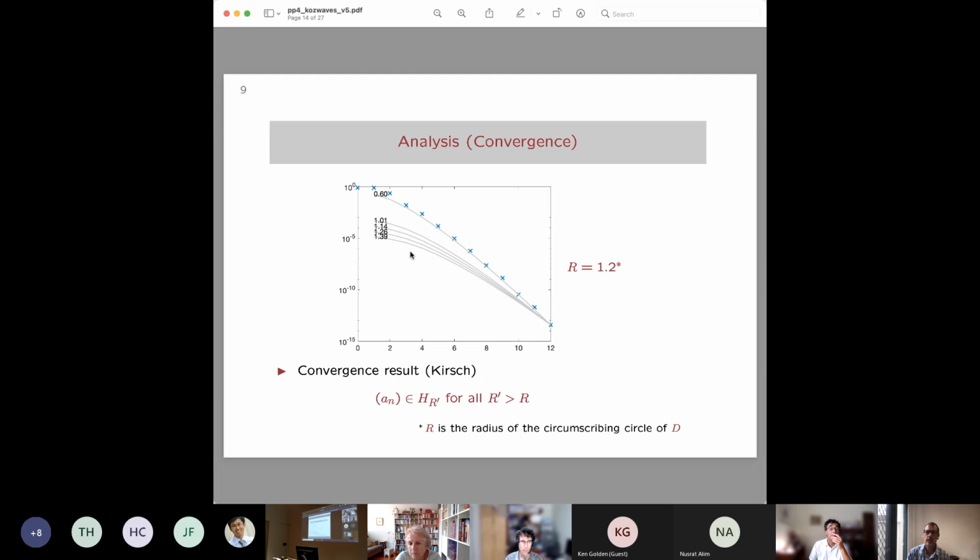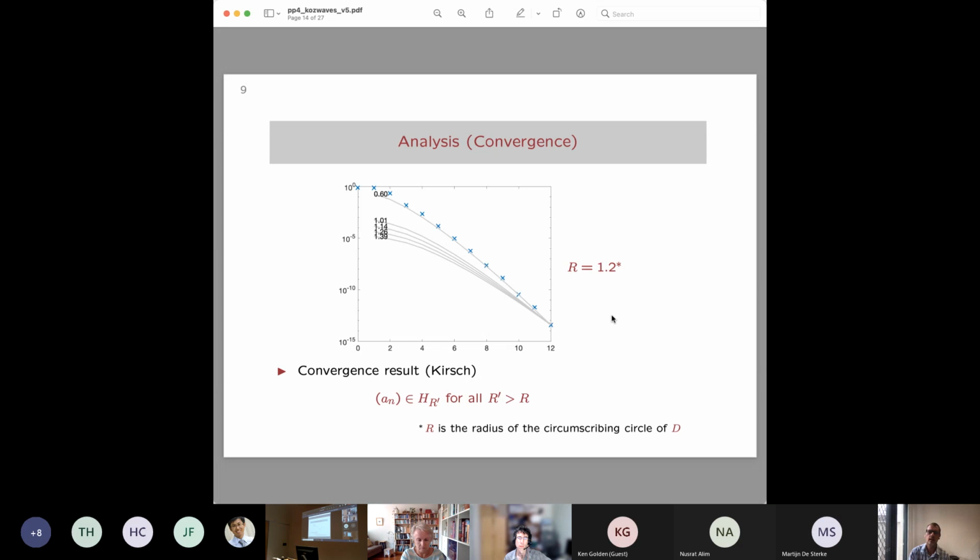But in this figure up here, I've plotted, so the blue crosses are the absolute values of the ANs for a scatterer with radius 1.2, with the circumscribing circle having radius 1.2. But you can see here that these coefficients actually sit in H about 0.6. So a much stronger result holds for the scatterer than is given by the convergence result by Kirsch.